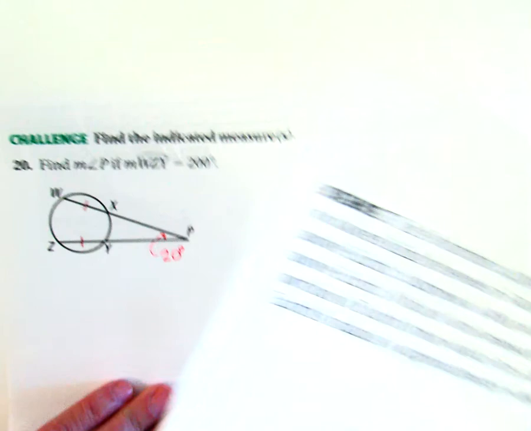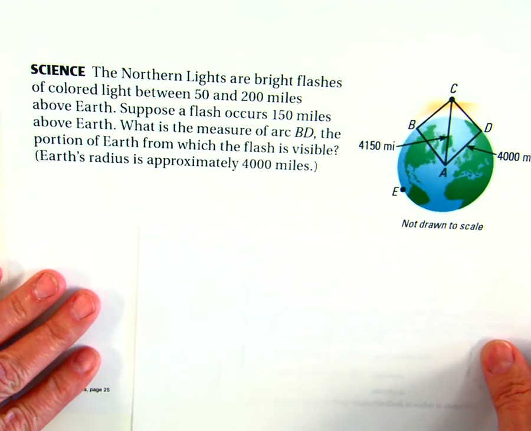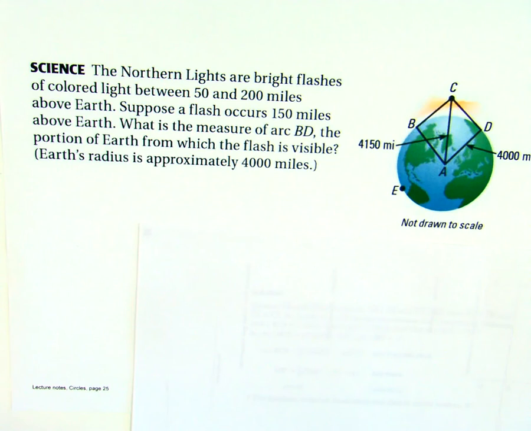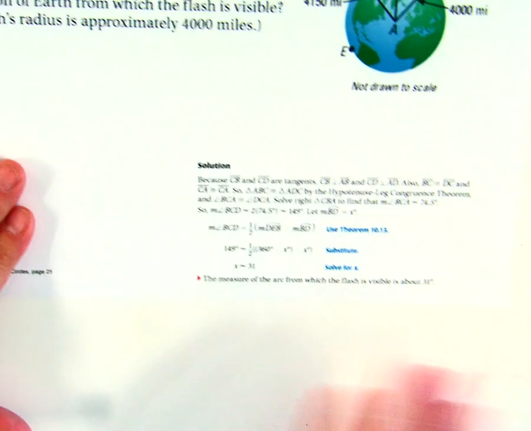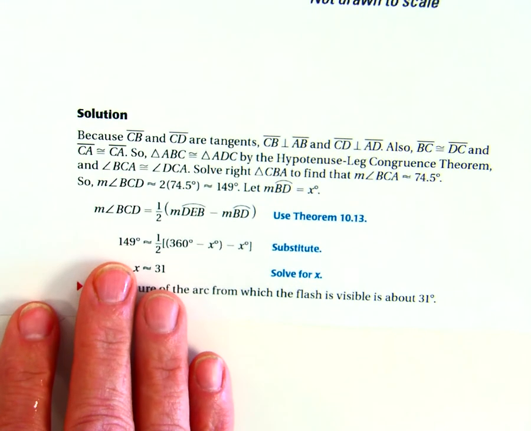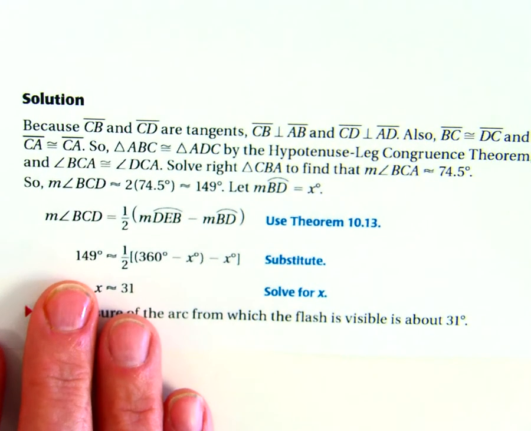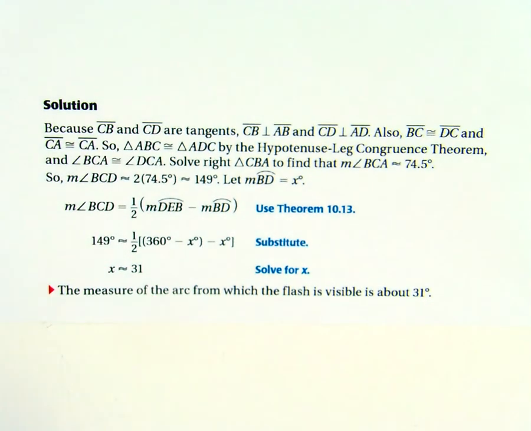And here's another one to give a good try to, having to do with the northern lights. Obviously, it's not drawn to scale because the Earth's a lot bigger than that. But give it a go, pause it and see what happens, and then I'll show you the solution. Okay, here's the solution. Remember, we don't use theorem numbers, but you get the idea. Okay. And here endeth the lesson.